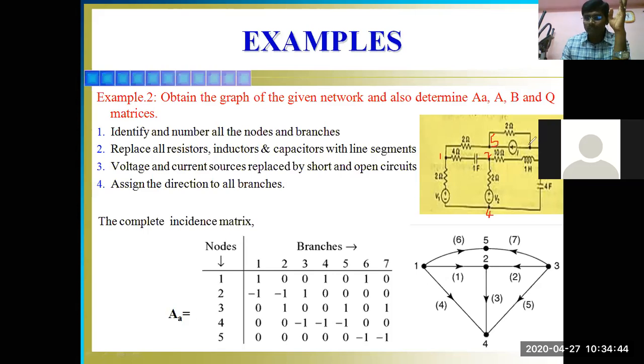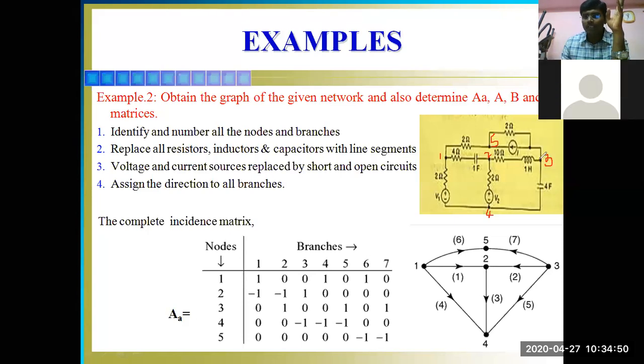And coming to 5 to 3, where your attention is more needed. Between 5 and 3, there are two paths. One path consists of simply a current source. Another path consists of a 2 ohm branch. So here we are going to open circuit the current source. Since there is a current source, simply open that path.